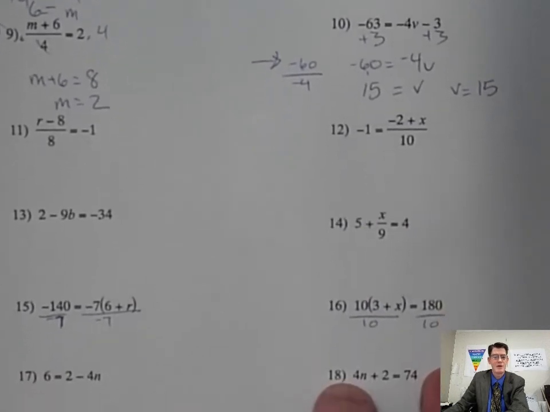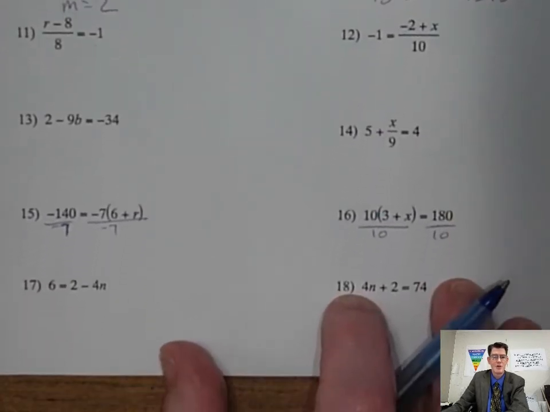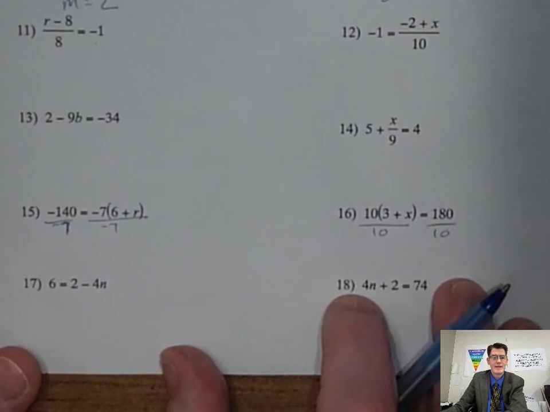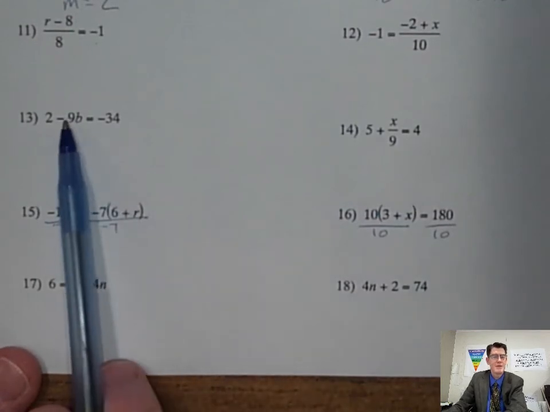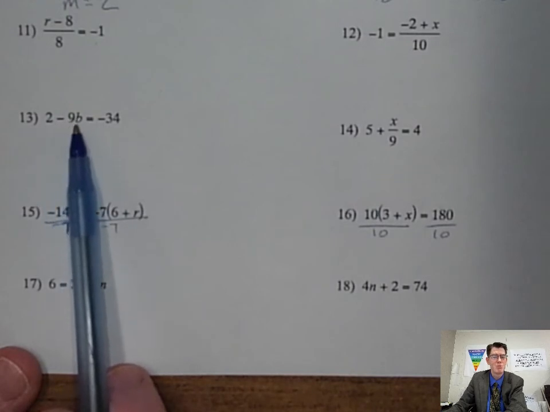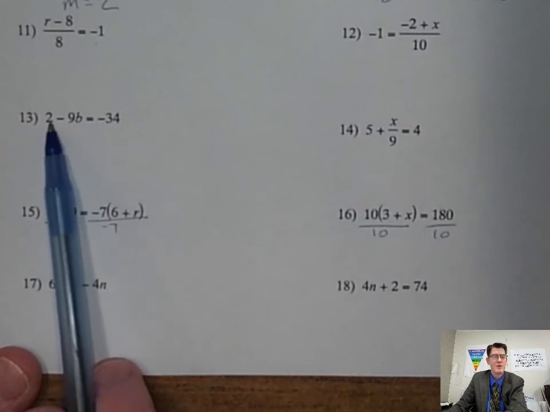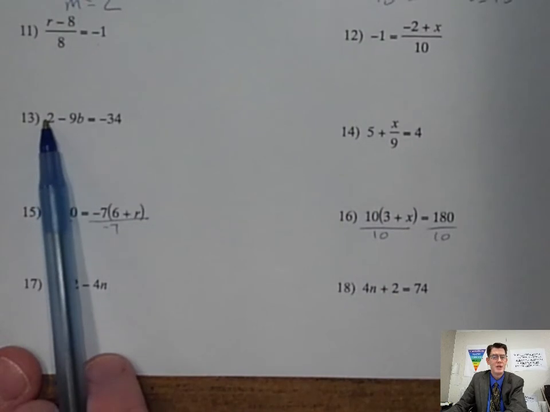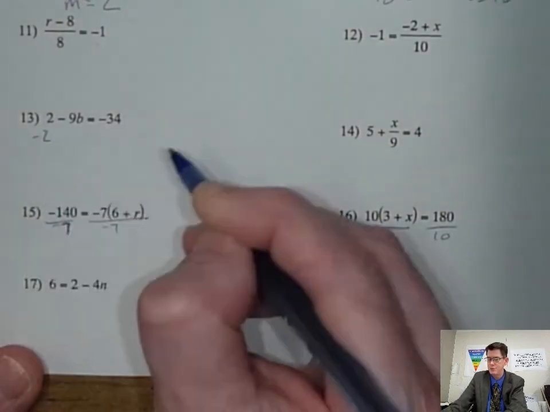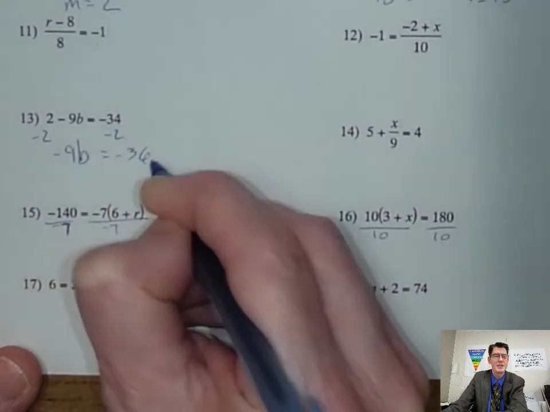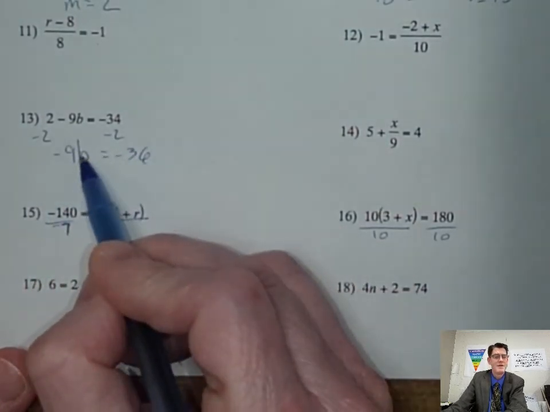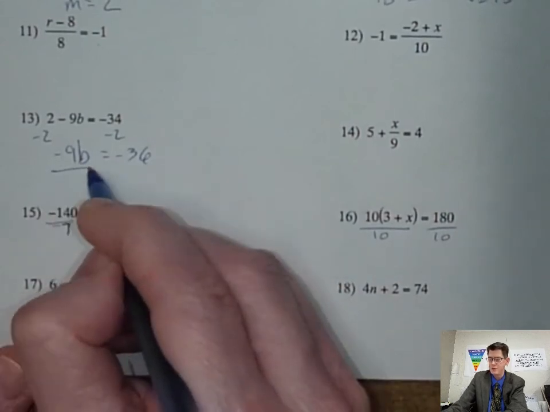We've talked about 11 and 12. Let's look at some of these other ones. How about 13? To get this b alone, that -9 is multiplied on, so we leave it alone for a second. First of all, take care of this +2. There's nothing there. In our laziness, we don't like the positive sign so often, so I'm going to subtract the 2 off. So -9b is -36. And then this -9 is multiplied on, so divide it off.